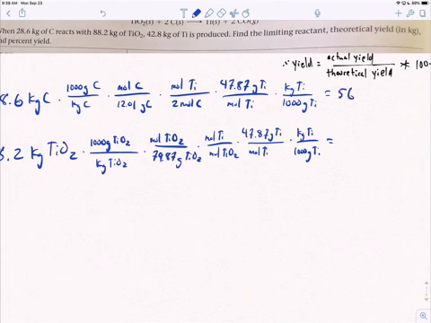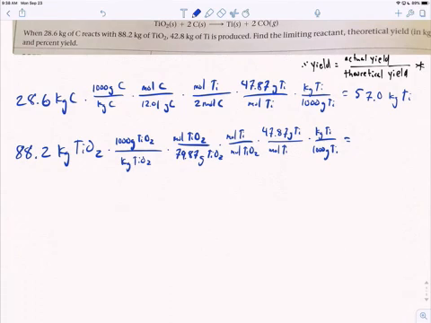Oh, there's my ad. Ooh, news break. Maui County News. Oh, it's just 57. This is 57.0 kilograms titanium.